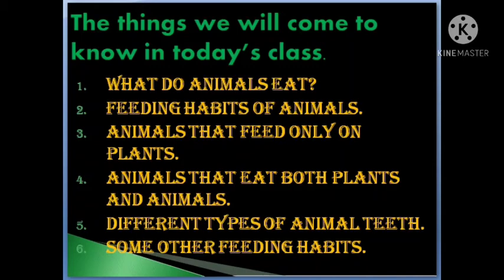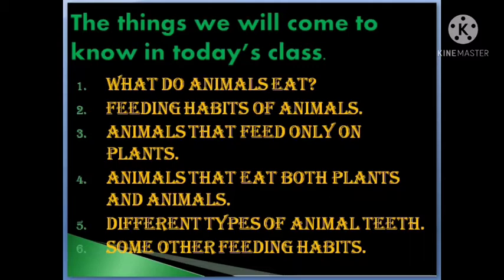So let me tell you the things we will come to know in today's class. What do animals eat? Feeding habits of animals. Animals that feed only on plants. Animals that eat both plants and animals. Different types of animal teeth.